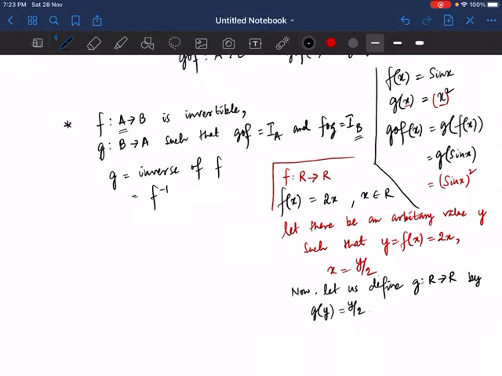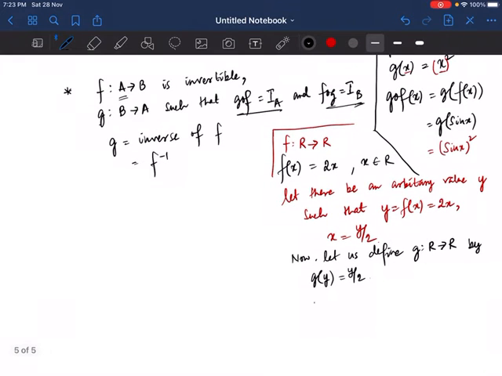After defining this function, what we have to prove is that g∘f = I_A and f∘g = I_B. So let us find g∘f. g of f is g(f(x)), because x is part of the function f. Now what is f(x)? f(x) is 2x.